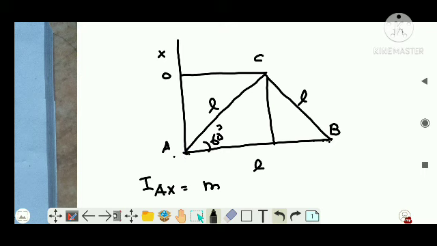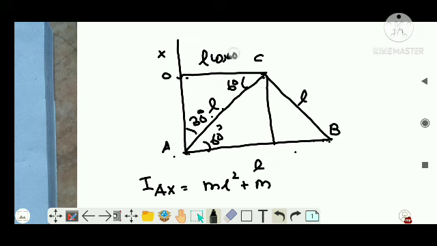So I will write it as mL squared, this is L, plus m into OC squared, the distance from the axis. This angle is 30 degrees, then this angle will be 60 degrees, so this distance is L cos 60.